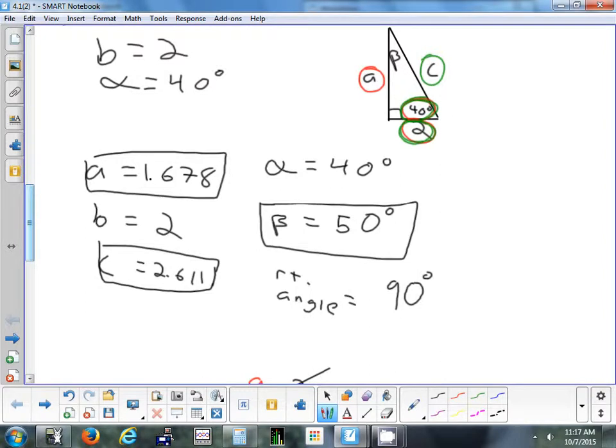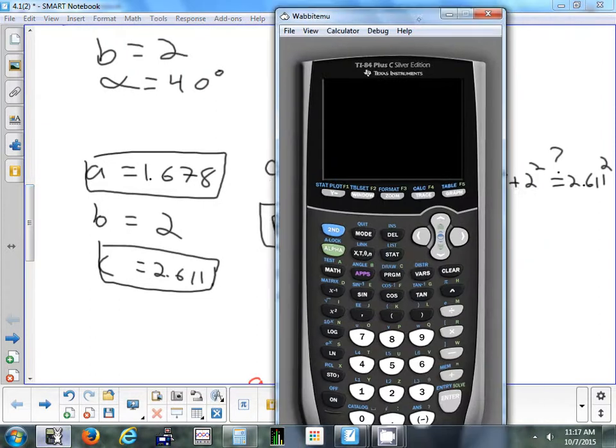Now, what we could do, if you've got extra time, is check it: see if 1.678 squared plus 2 squared equals 2.611 squared. This is a way you can check it. Try the Pythagorean theorem and see if it works.